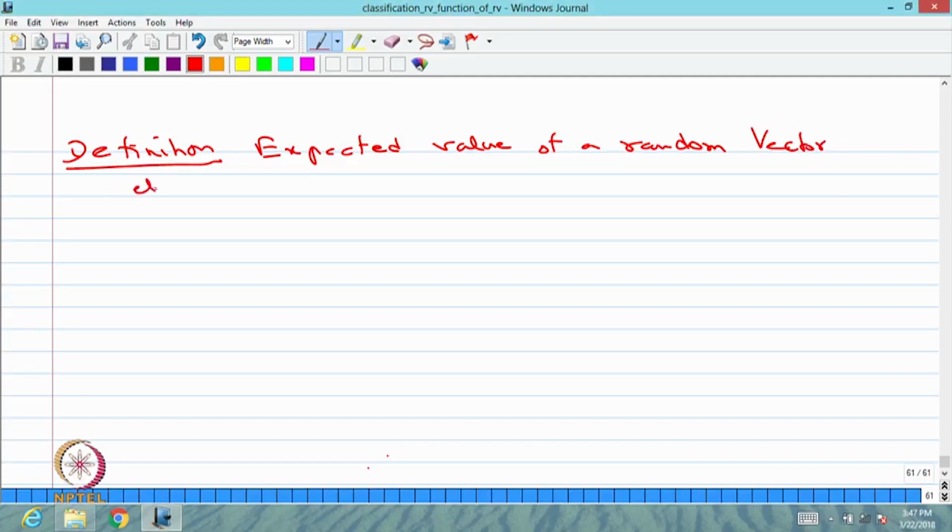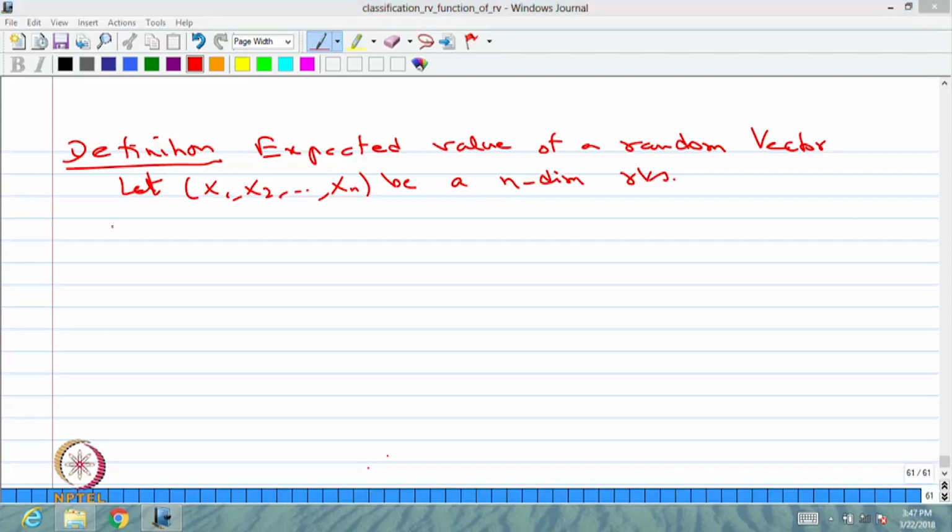Let X1, X2, ..., Xn be n dimensional random variables.